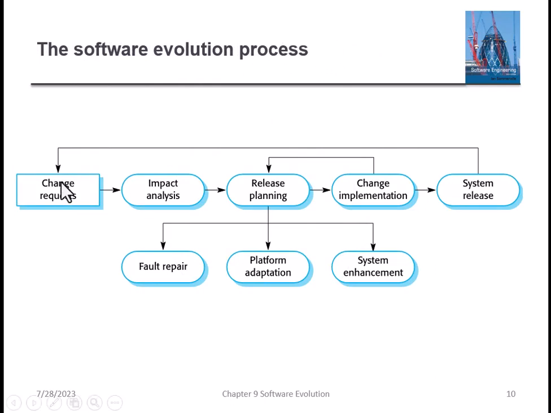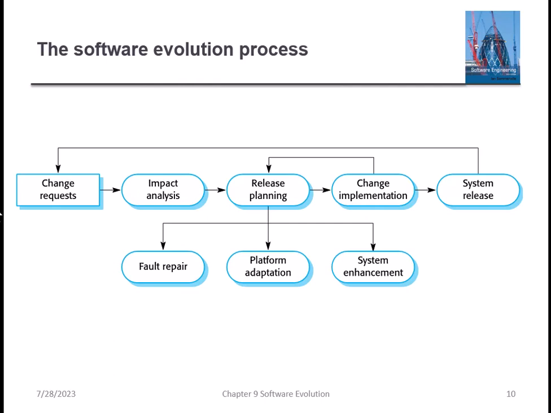A change request comes. Remember that a change request can come from stakeholders like users of the system, or from a market survey. If we have deployed a generic product to the market, from the survey, opinions, feedback or reviews, we can easily identify the changes.